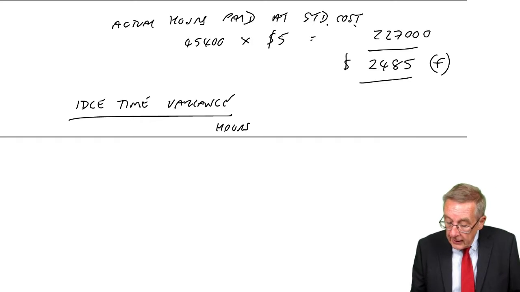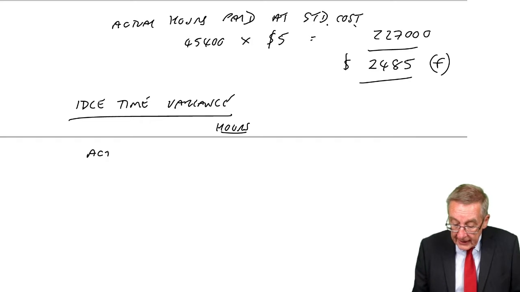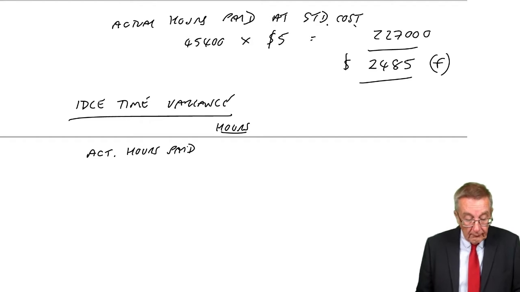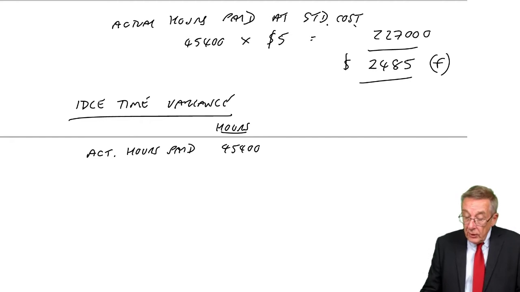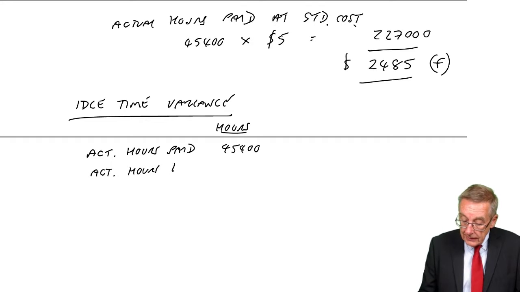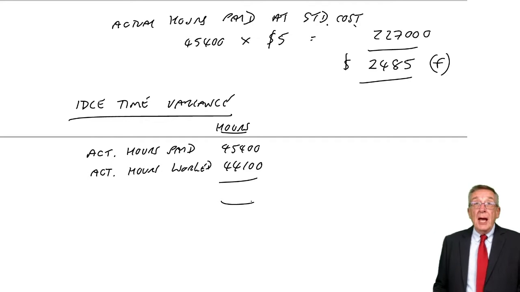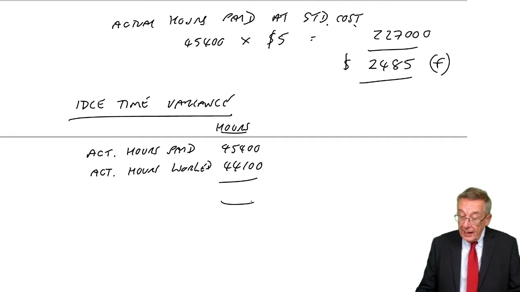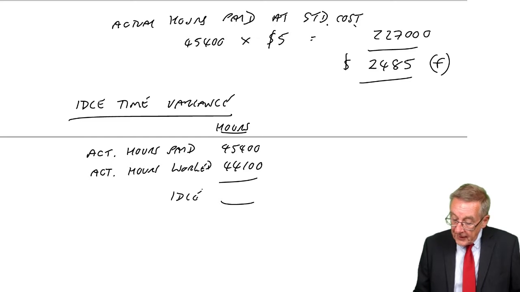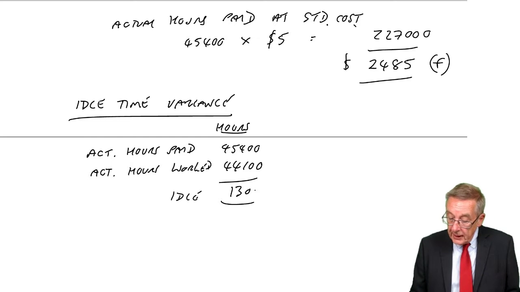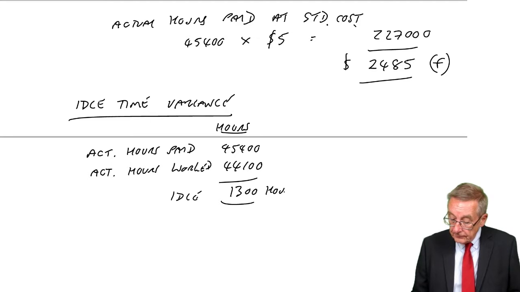We compare the actual hours we paid $45,400 with the actual hours they worked, $44,100. And so how many hours did we pay them when they were idle? We paid them for 1,300 hours.